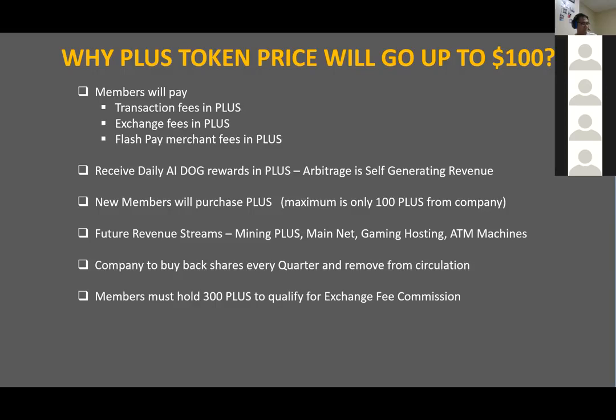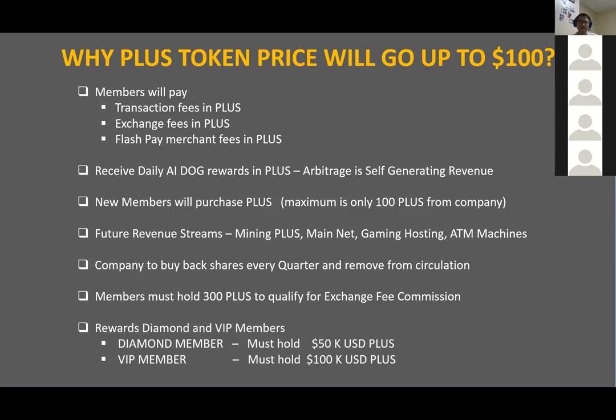Okay? The other thing that they're doing is they're incentivizing members to hold Plus token and not just sell it, and work towards 300, because in order to earn commissions on the exchange that is currently in beta, that will be launched before the end of the year, is what we're hoping, members have to hold 300 Plus coin.